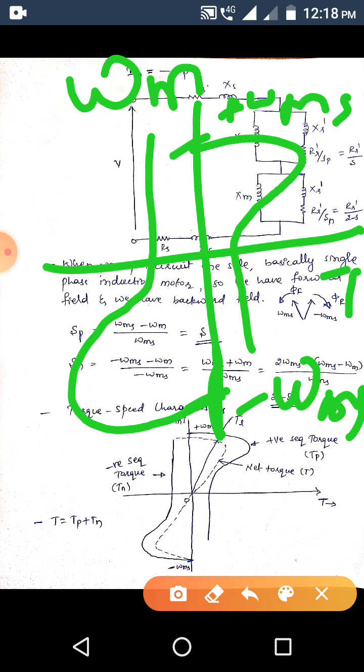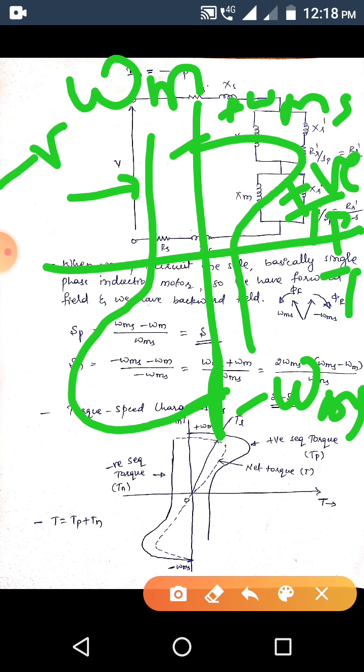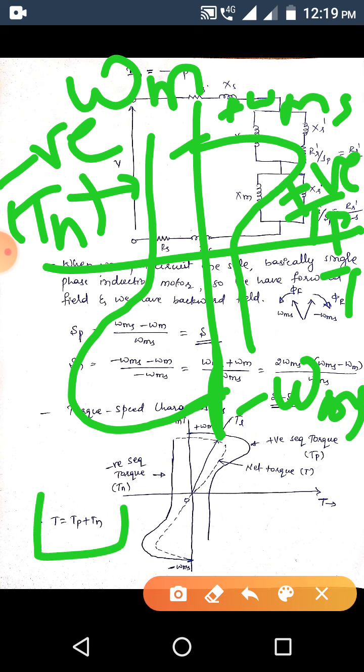So this is the forward sequence torque, sometimes we call it the direct torque Tp. This is the negative sequence torque, with the notation Tn. Then we have the net torque: the total torque is equal to the sum of the positive sequence torque and the negative sequence torque, that is T is equal to Tp plus Tn.